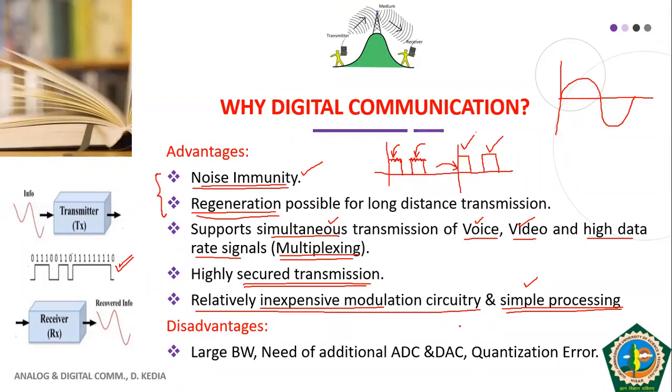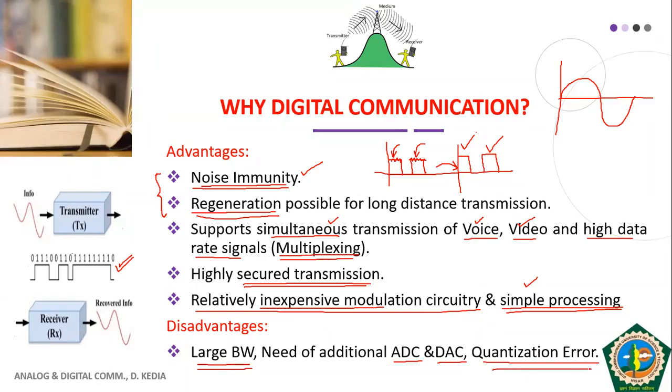Fine. It's not that digital communication techniques do not have any disadvantages. We discussed in PCM also that digital communication systems occupy large bandwidth. We require analog to digital conversion and digital to analog conversion. Then another thing I discussed in detail in PCM was the quantization error.